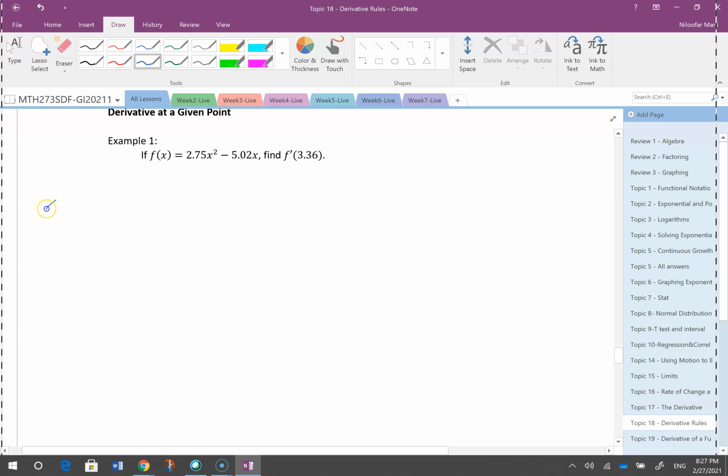So derivative is 2.75 x squared minus 5.02x.